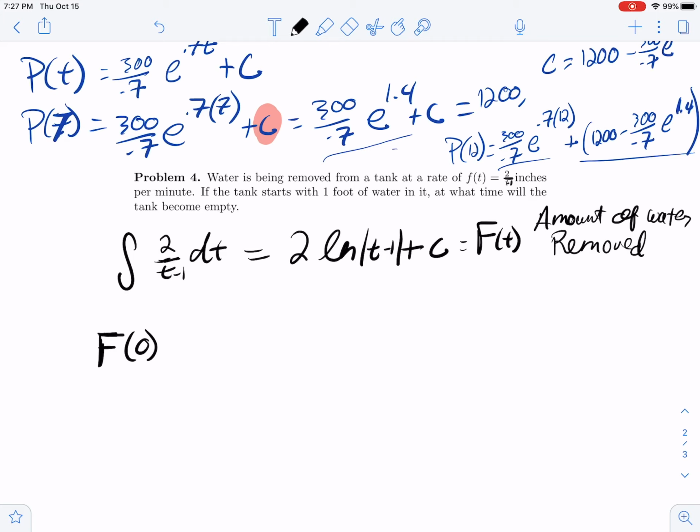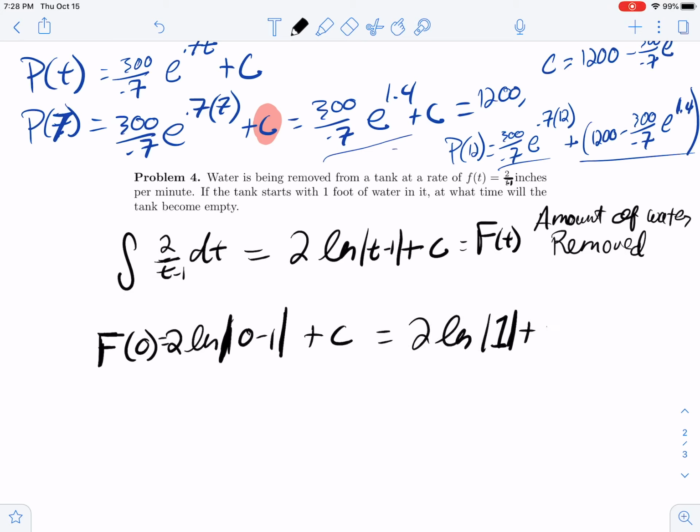All right, even again, using u substitution, you're going to guess what you're going to get. So f of 0, which is going to be 2 ln absolute value, 0 minus 1, plus c, which is 2 ln of 1 plus c. Right, and we'll simplify this again in a little bit.